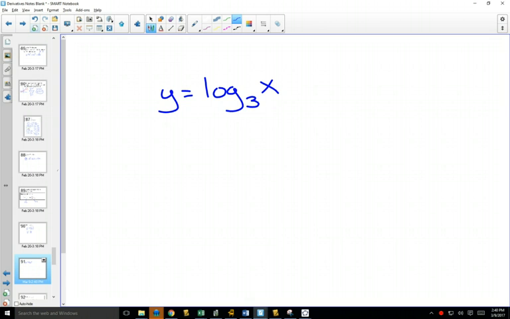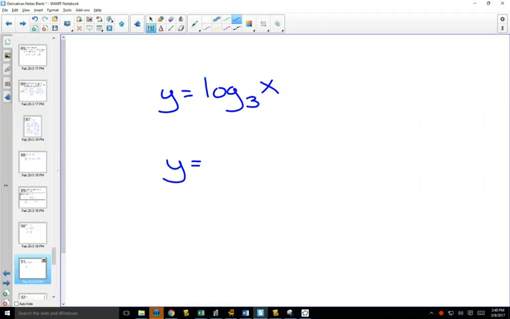Can you tell me how you could write log 3 of x using natural logs? It's not equal to ln 3x, because ln has a base of e.